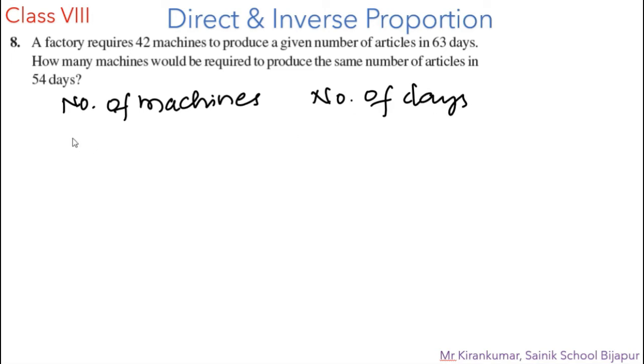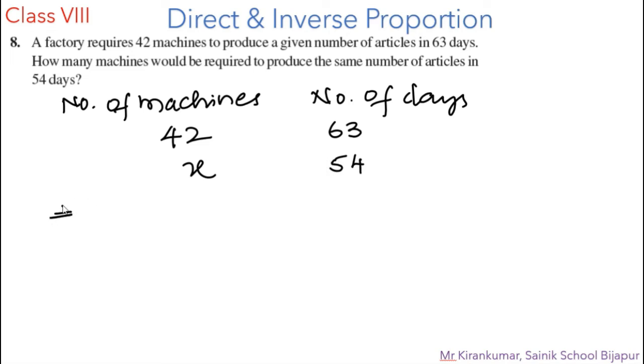Here, 42 machines would take 63 days, how many machines will make it in 54 days? That's what we need to calculate.